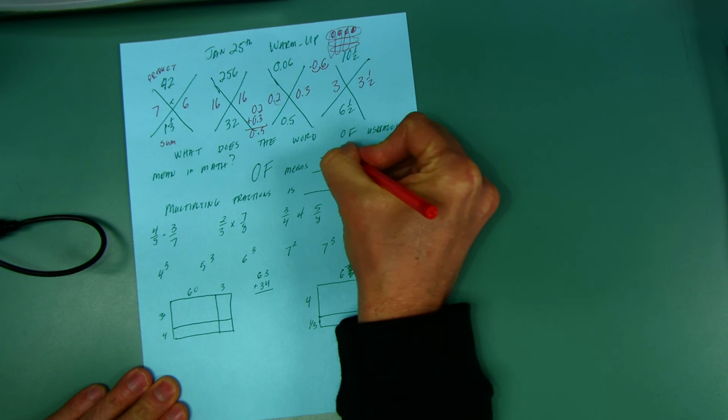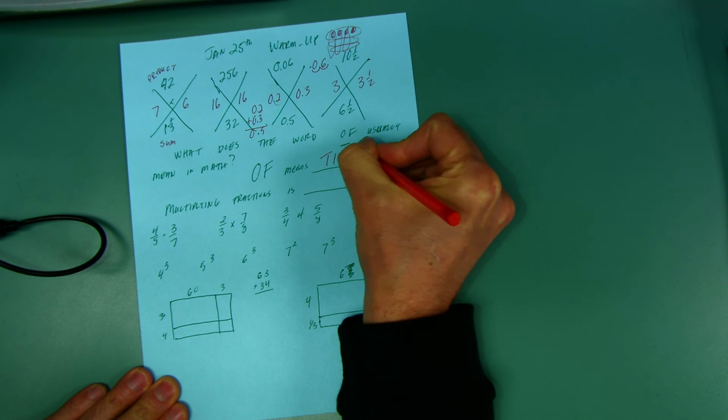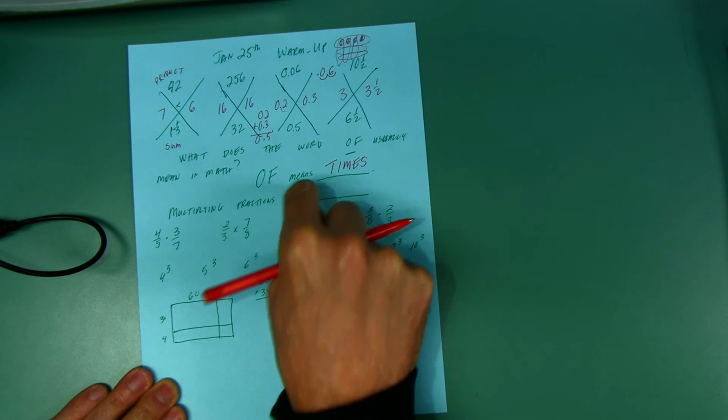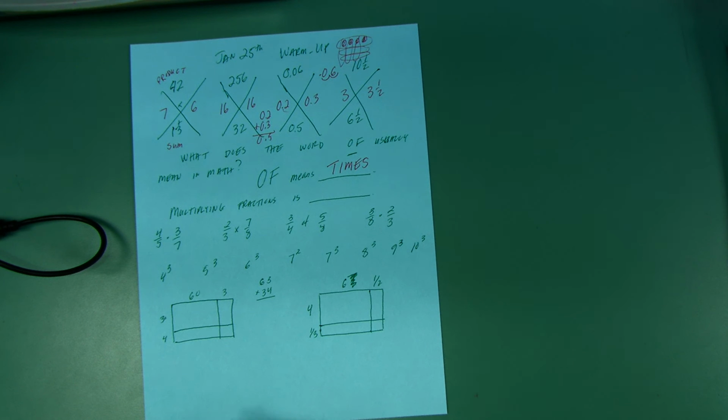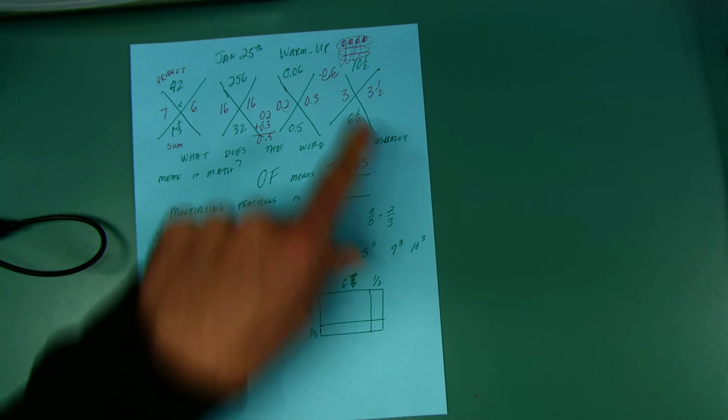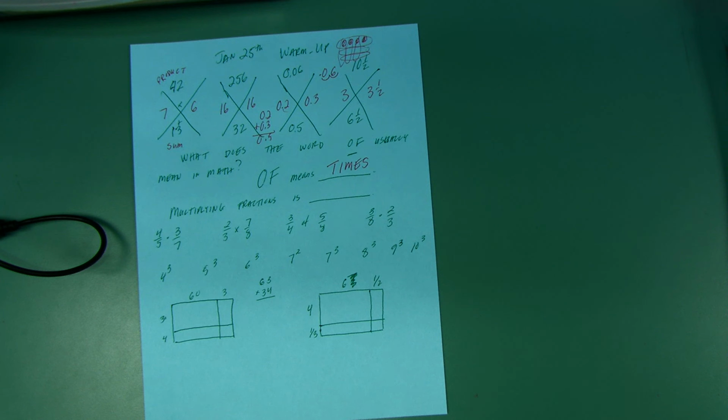So write this big somewhere, and if you don't have that memorized, write it on your next 3 papers, big on the top. Get those easiest 3 points and have your name and stuff, but write that somewhere where you're going to see it. If you cooked a lot in the kitchen, I'd say write it on a big piece of paper and put it on the fridge. Of means times.